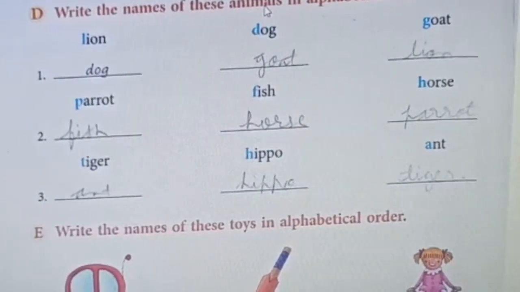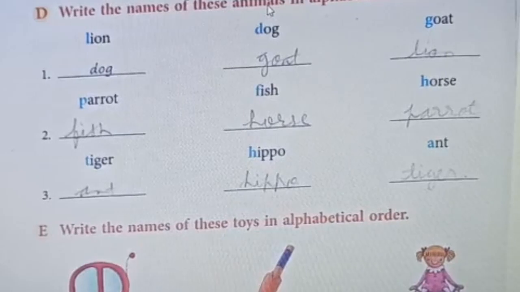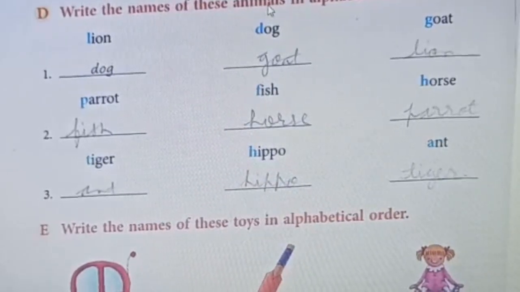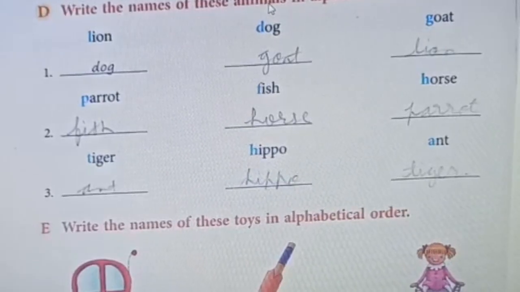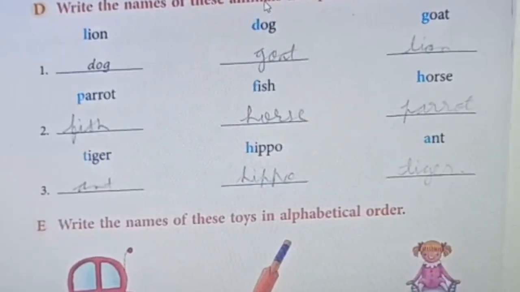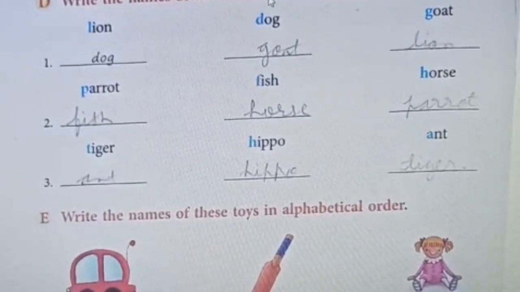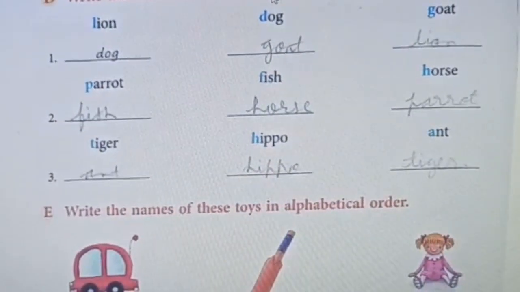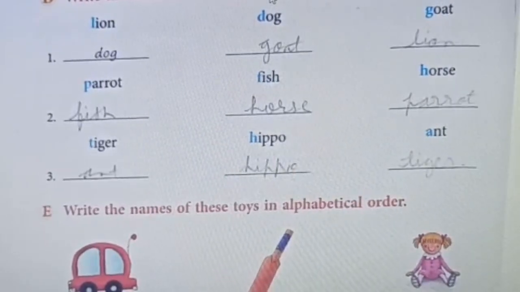Now one more exercise. Write the names of these animals in alphabetical order. Like here, the names of animals are given and we have to arrange them in an alphabetical order. So for that we will just look to the first letter. Number 1, that is lion, dog and goat.